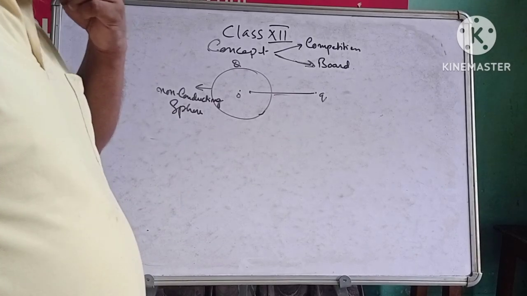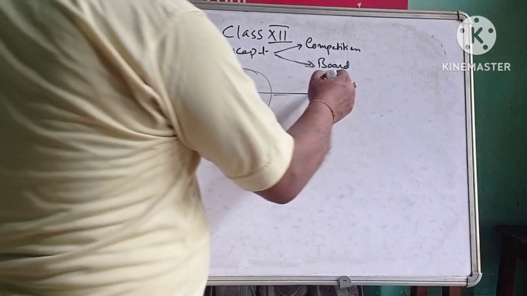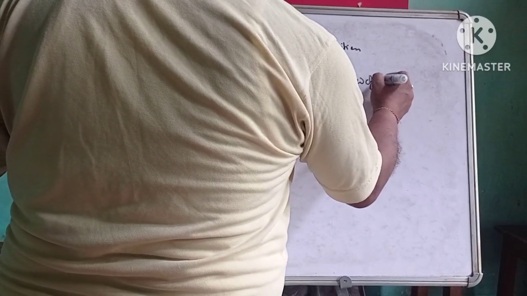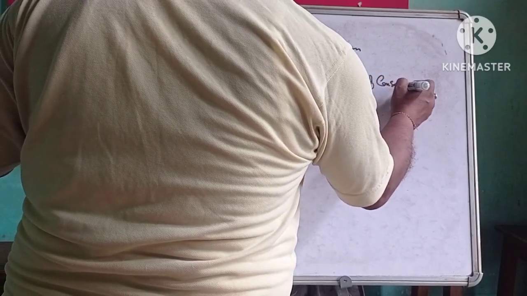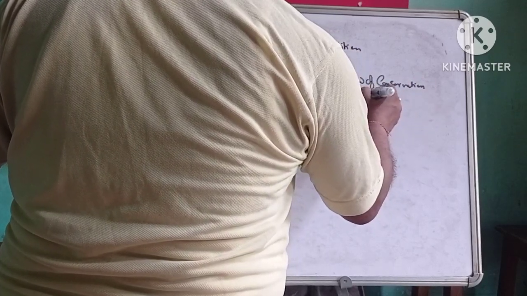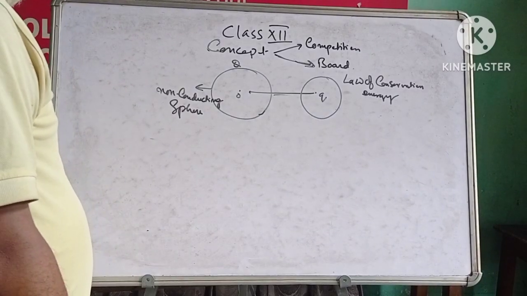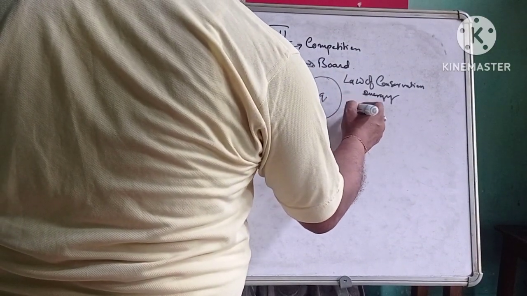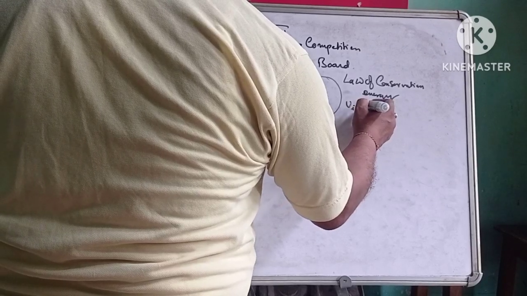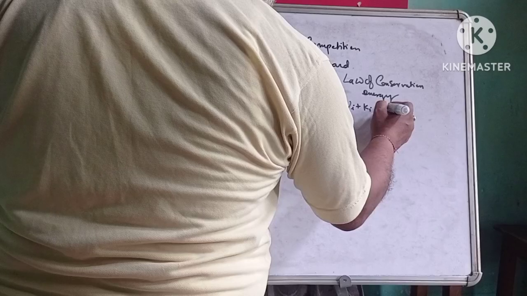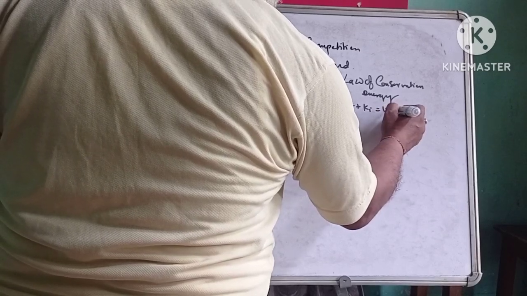In this type of question, you have to use the law of conservation of energy. That is, initial potential energy plus initial kinetic energy is equal to final potential energy plus final kinetic energy.